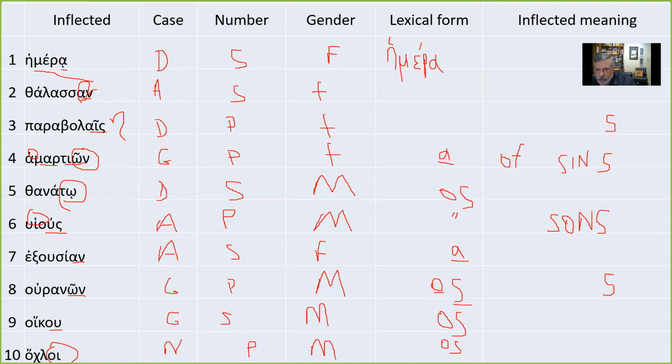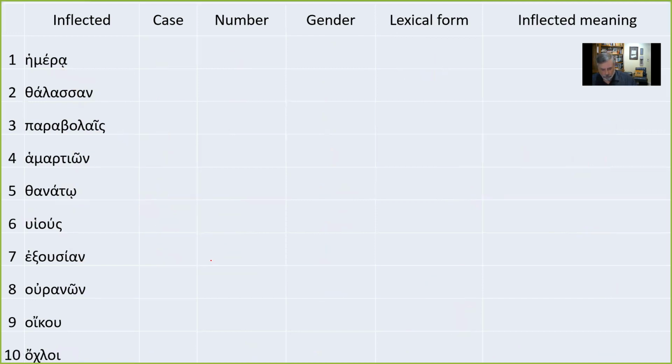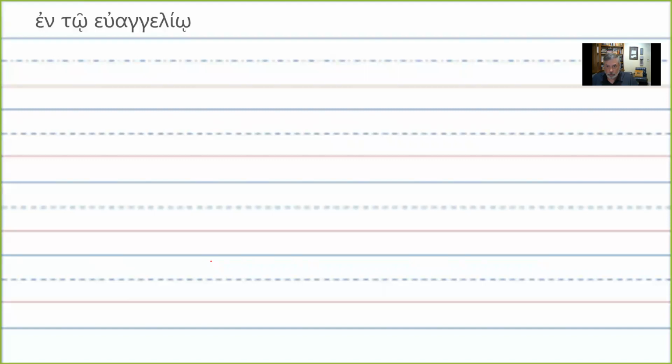And the word oklos means crowd, but because it's in the plural, it's crowds with our sigma ending. So hopefully this is beginning to make sense, and you're beginning to feel a little comfortable with it. But that's really all you do, is you break it down in that manner. Let me erase all this, and we'll move to the next slide, I hope.